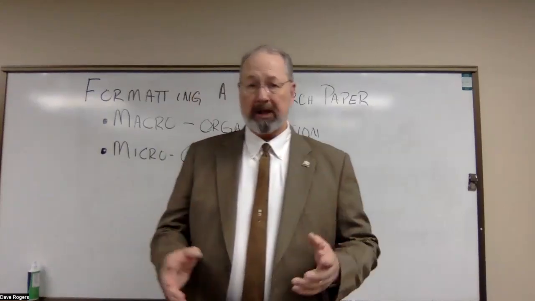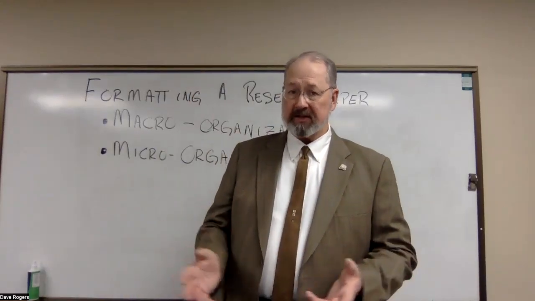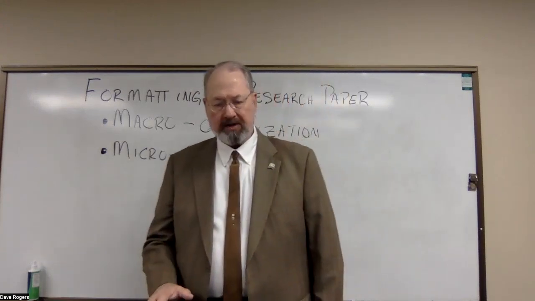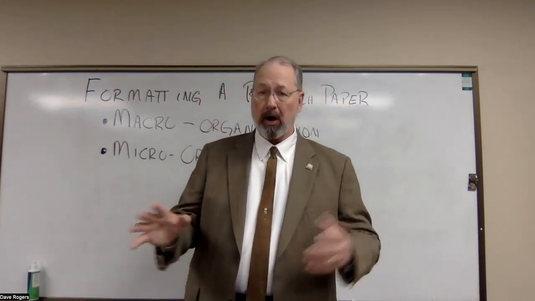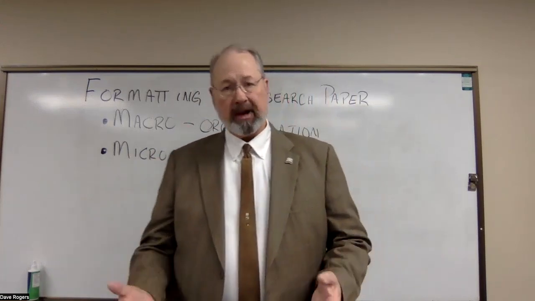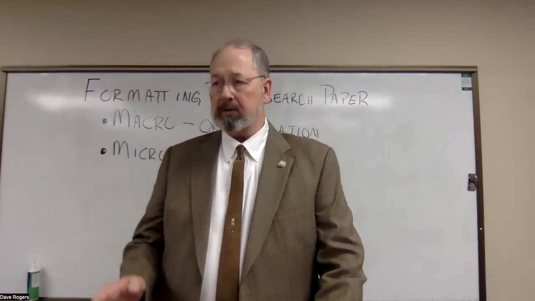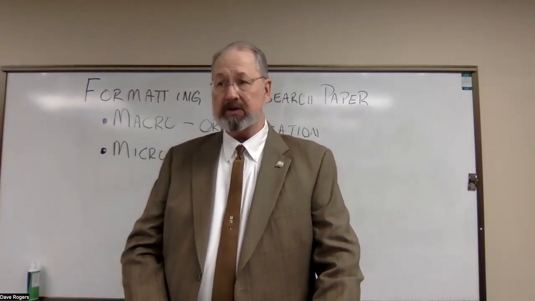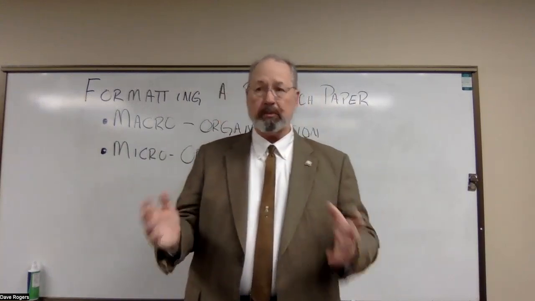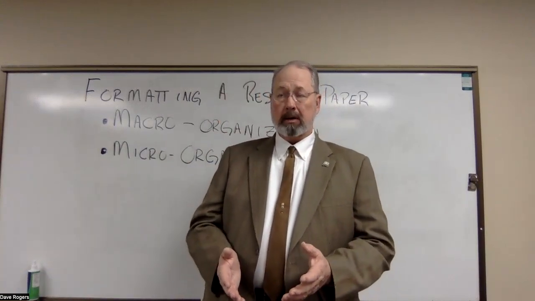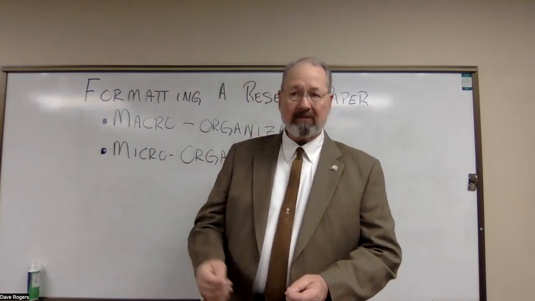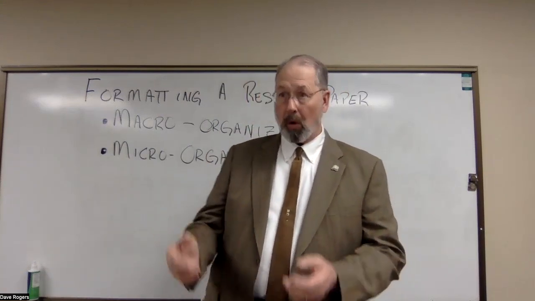You could conceivably have half a dozen appendices in a large paper. But the first part, the 5 parts, number 1, are the required preliminary pages. And all of those things, I say pages because depending on the format, you may have half a dozen pieces of paper required by that format before you ever actually get to the report itself.